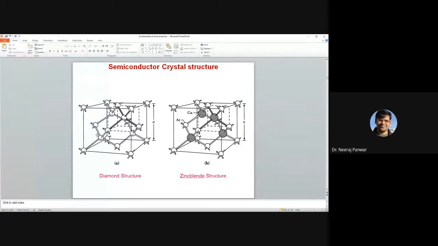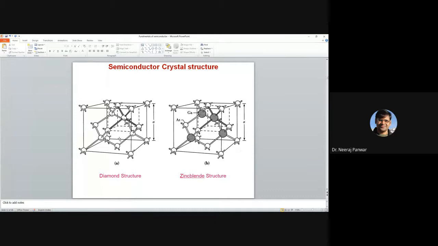So it is the FCC structure, two interpenetrating FCC structures. One FCC structure has atoms at the corners and at the center of each face, and the other FCC structure consists of atoms at the quarter, quarter, quarter position. So this is another atom located at 1/4, 1/4, 1/4 position.